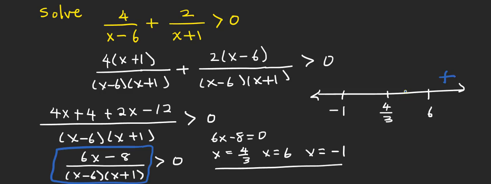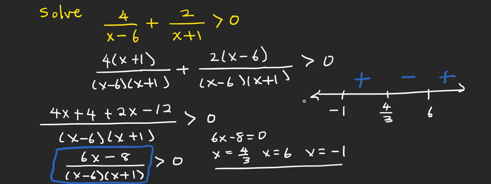How about 4? Plug in 4 for x. You get positive, negative, positive, which is negative. What about over here? 0. Plug in 0 for x. You'll get negative, negative, positive, so you end up getting positive.